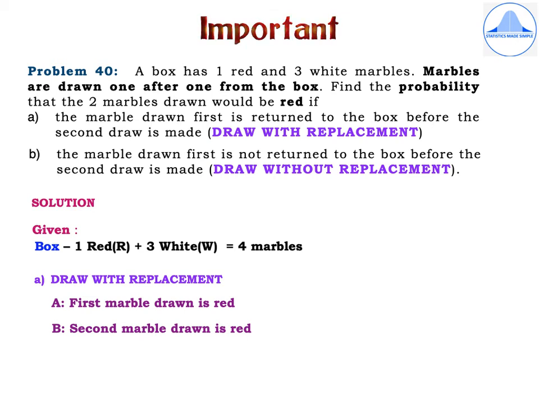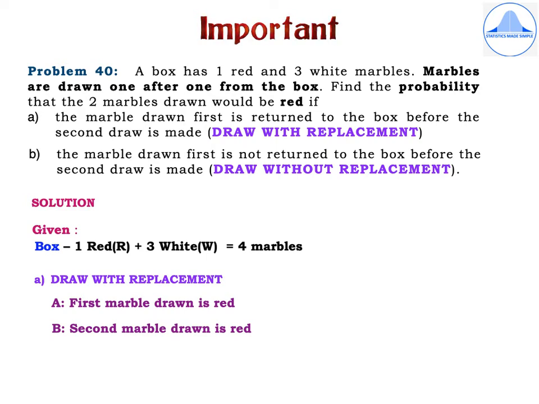Find the probability that 2 marbles drawn would be red if first subdivision, the marble drawn first is returned to the box before the second draw is made. This is called as draw with replacement. And second subdivision, the marble drawn first is not returned to the box before the second draw is made. This is draw without replacement.